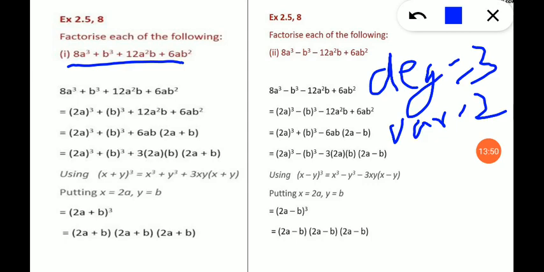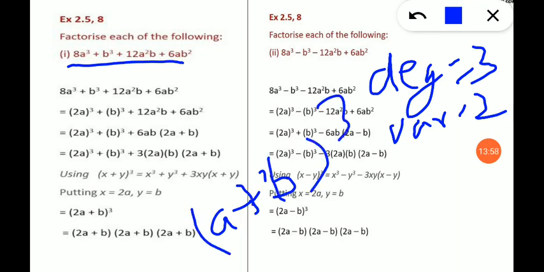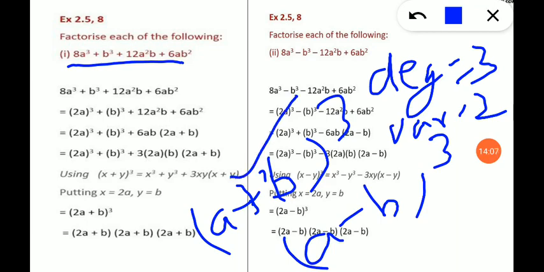We have only learned for 2 variables. So we have two formulas. First is a plus b whole cube or a minus b whole cube. In the first part there is only a plus sign, so we will use a plus b whole cube, but in the second part a minus sign is also there, so we will use a minus b whole cube.